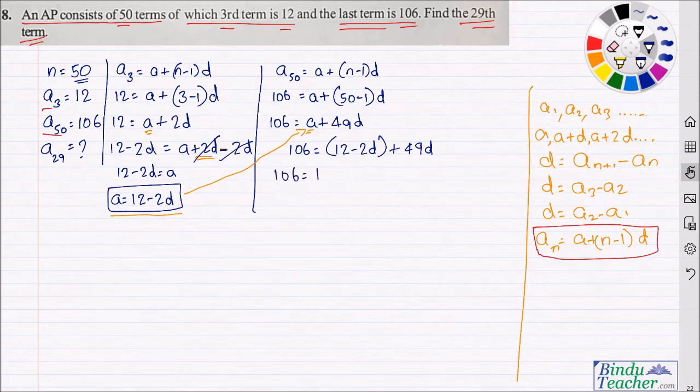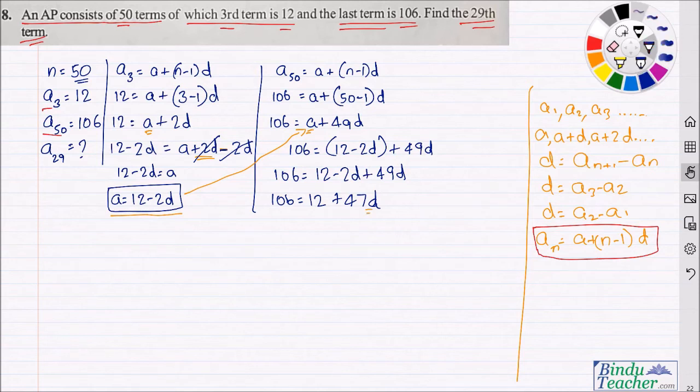106 equals 12 minus 2D plus 49D after removing all the brackets. 106 equals 12 minus 2D, and plus 49D will become plus 47D. Okay, now I want to keep D on one side and remove everything else.